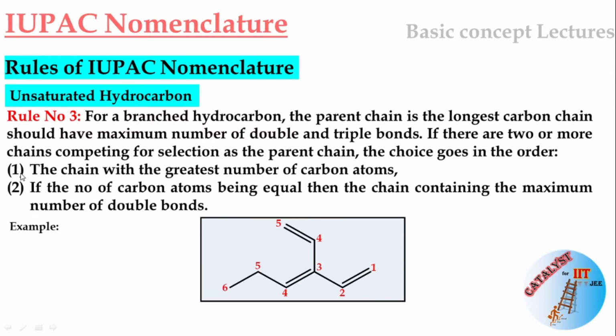So you can choose between these two according to the rule: the chain with the greatest number of carbon atoms should be considered as your parent chain.